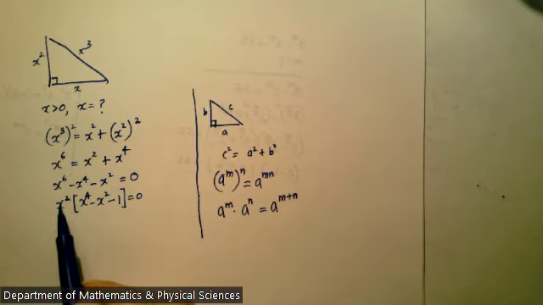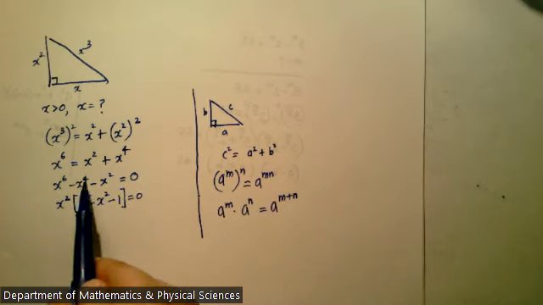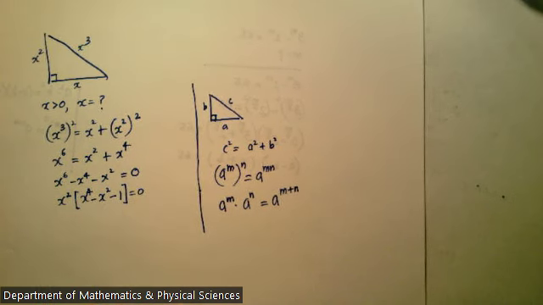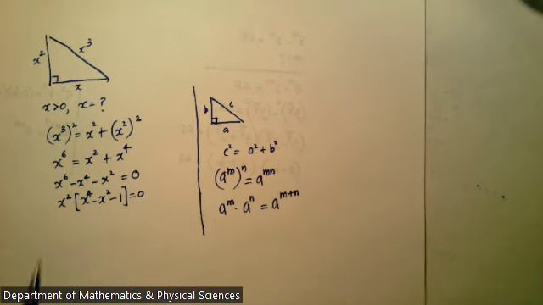We get that term back. When we multiply these, x to the power 2 times x to the power 2 will be x to the power 2 plus 2, which will be x to the power 4. With the sign being negative, it will be negative. And here we will get negative x squared as well when we multiply these two. Therefore, nothing wrong with writing this like that in the factored form.